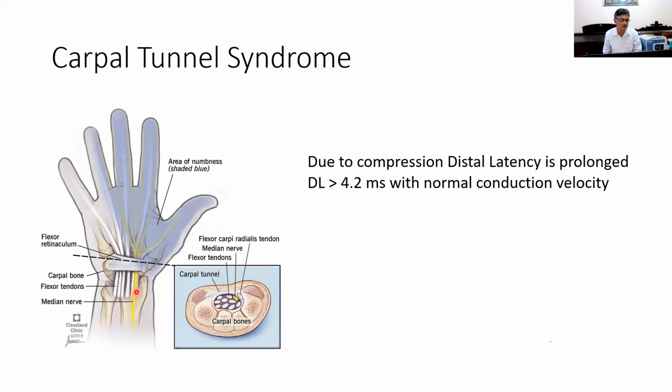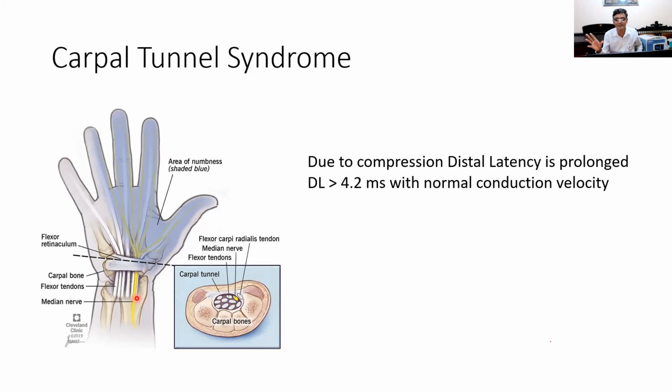So in that case, we do not diagnose carpal tunnel syndrome, because if we tell the surgeon, okay, his distal latency is more than 4.2 milliseconds, he has carpal tunnel, the surgeon will operate, but still the nerve is sick, damaged due to some other demyelinating disease probably. So in that case, we should look at the nerve conduction velocity as calculated, distance divided by latency difference, and then we tell, okay, his nerve conduction velocity is reduced.